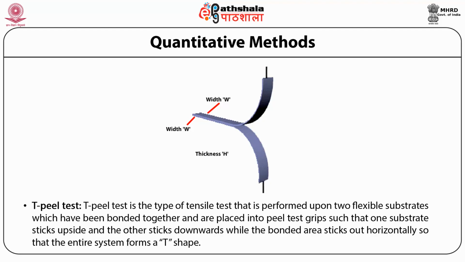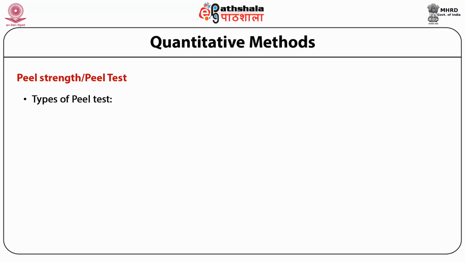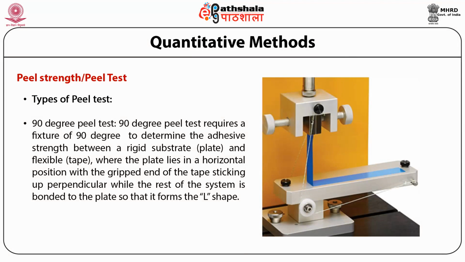The word T is because of the shape which is taken while the test is being performed. The next type of peel test is the 90-degree peel test. It requires a fixture of 90 degrees to determine the adhesive strength between a rigid surface that could be a plate and a flexible one that could be a tape, where the plate lies in a horizontal position with the gripped end of the tape sticking up perpendicular, while the rest of the system is bonded to the plate so that it forms an L shape.